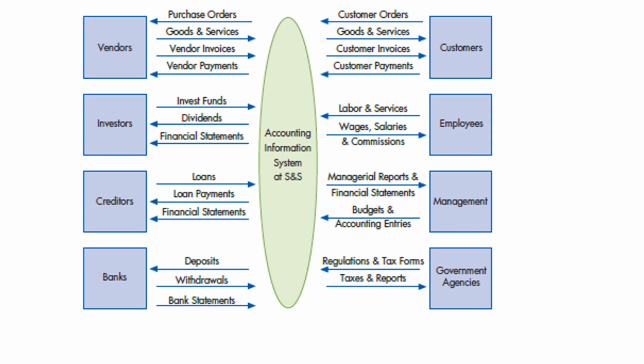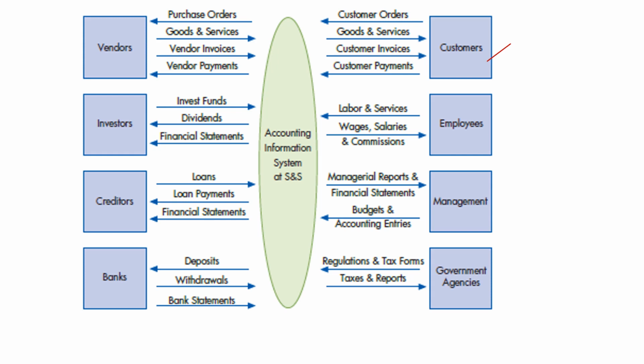If you look at this, there are inputs and outputs. The arrows going to the system are the inputs to that AIS, while the arrows going out are the outputs. You can see there is the purchasing cycle, which goes from the system to the vendors, and then we have the sales transaction cycle.